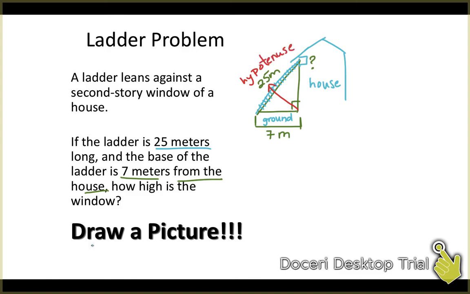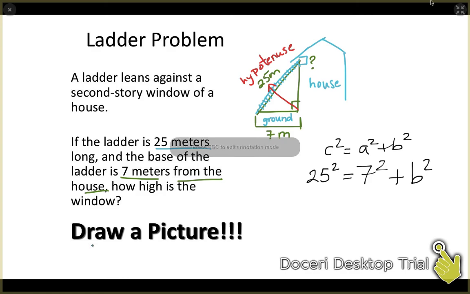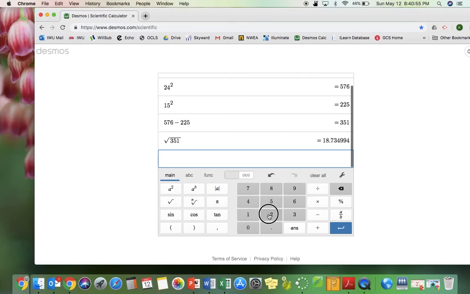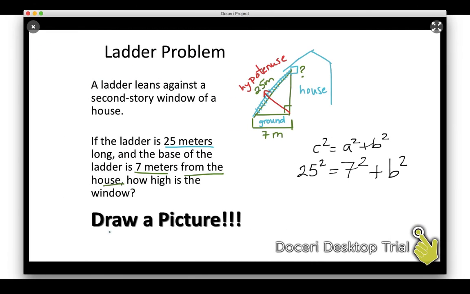So if I use my formula, I have c squared is equal to a squared plus b squared. I have 25 squared is equal to 7 squared plus b squared. Okay, I'm going to go ahead and put these in my calculator. 25 squared gives me 625.